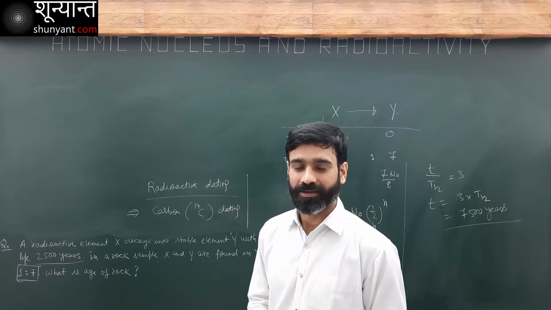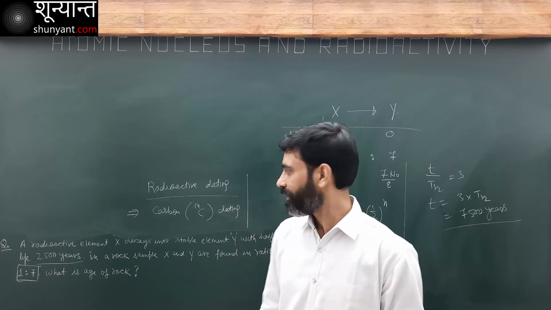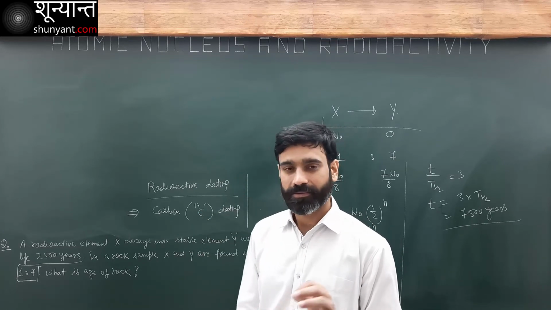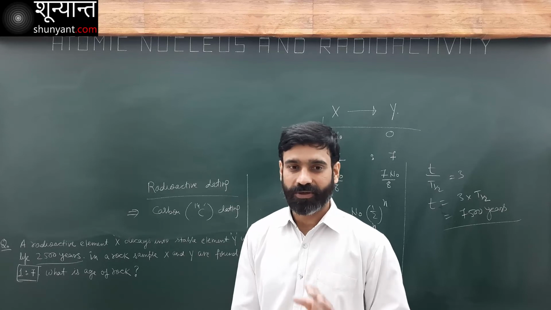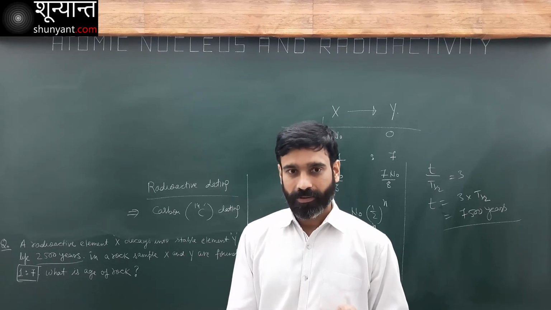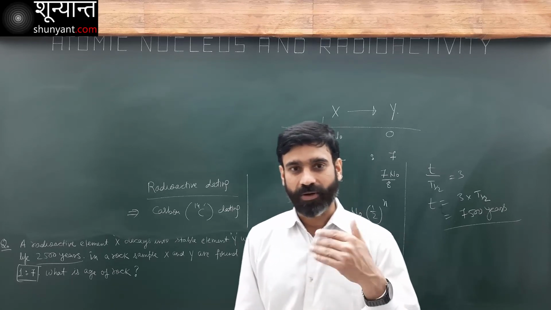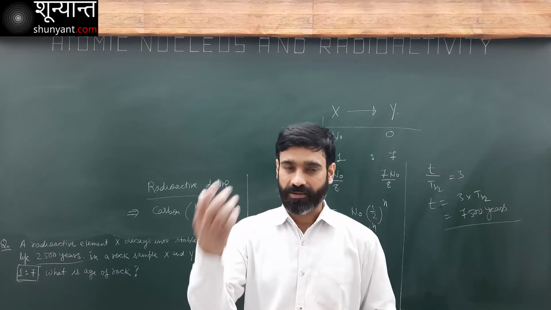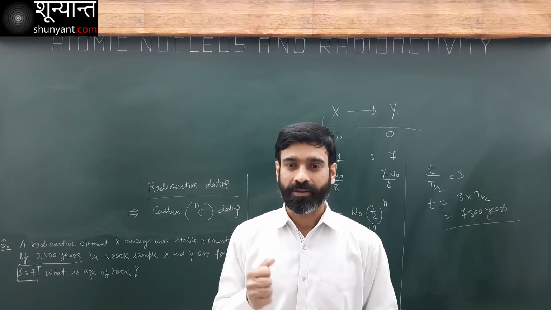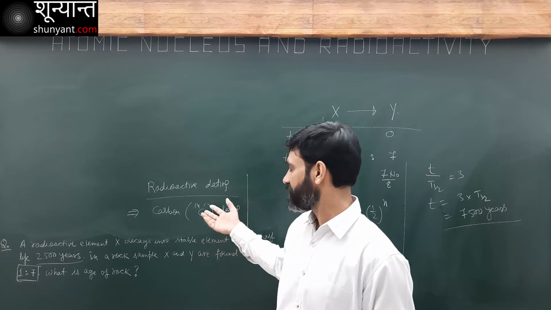Carbon dating. Carbon has different isotopes: 12, 13, 14. C14 is radioactive. It is not stable. It decays. Now I am a living person. You are a living person. As long as you are living, you are breathing the air, and in air we are taking in C14.